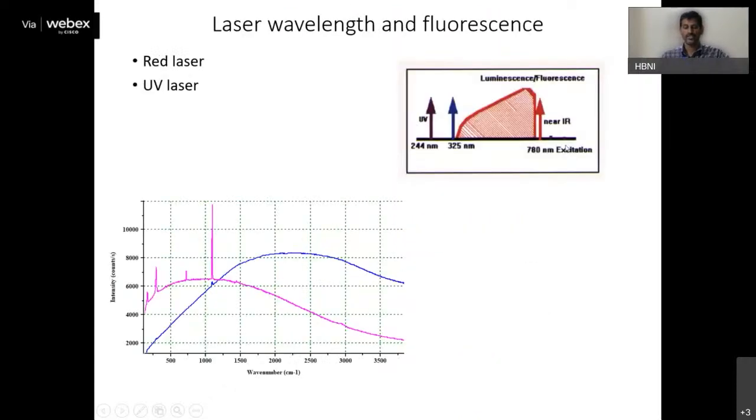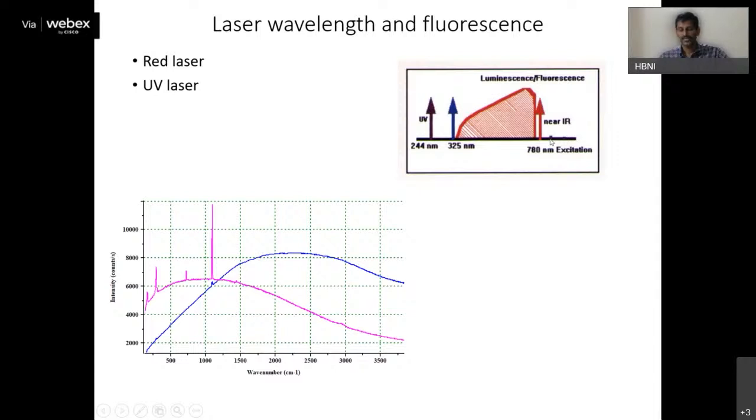So what we can do is use different exciting lasers which don't excite the fluorescence. You can use the near infrared, or go very far from this region. If you use, let's say, UV light, then your Raman spectrum will be somewhere here. You will have a strong fluorescence, but it won't interfere with your actual spectrum. So one can do UV Raman scattering to reduce the fluorescence, or one can use infrared.